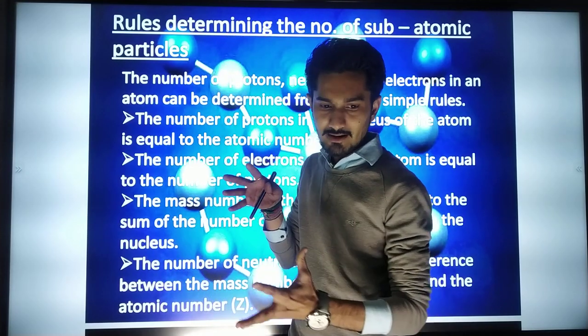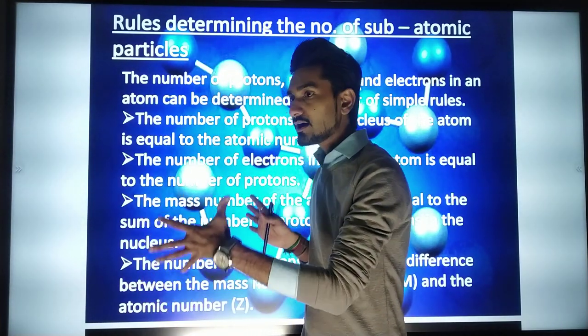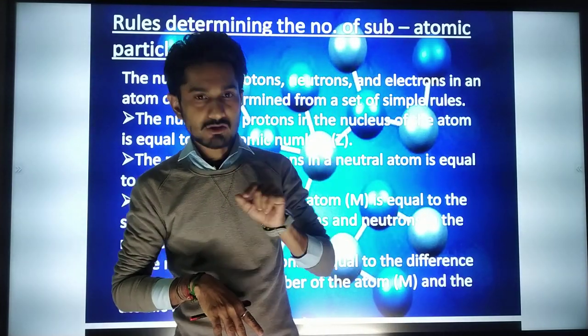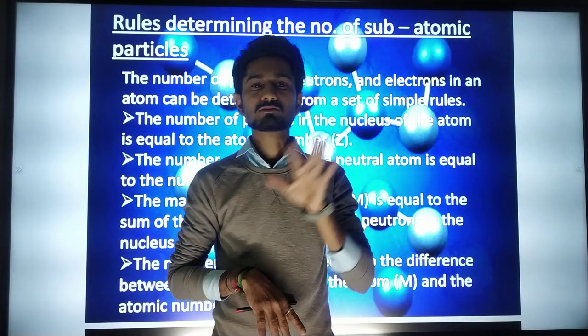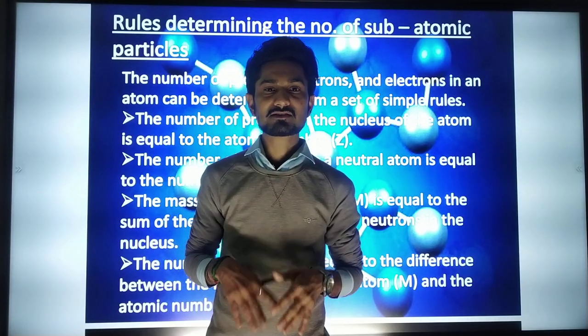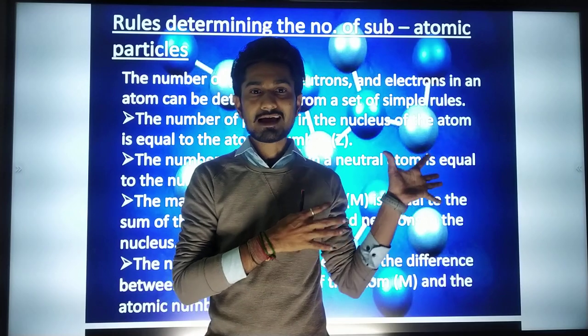So whenever we make the table on the basis of atomic number, we specify hydrogen in the first category, because it contains 1 proton. That is the specification regarding the atomic structure of our elements.